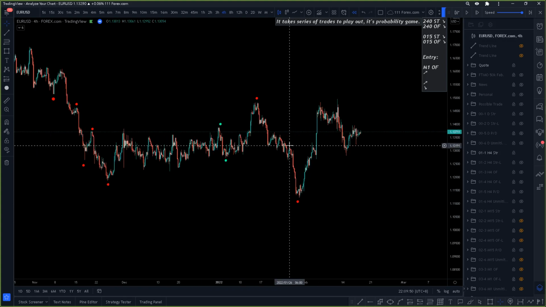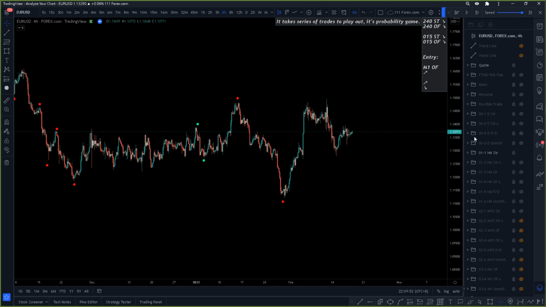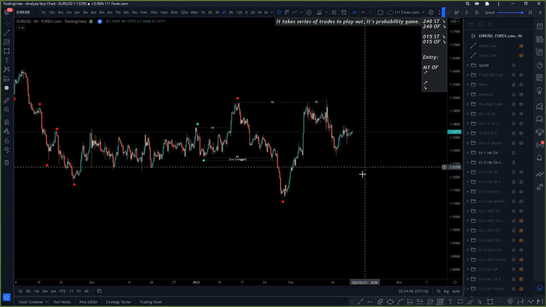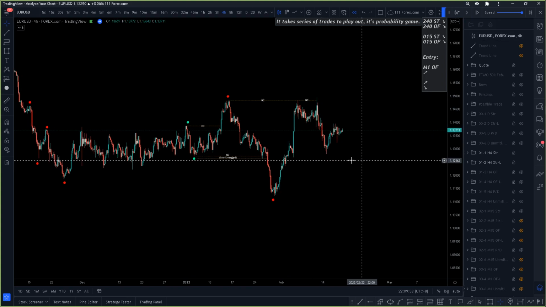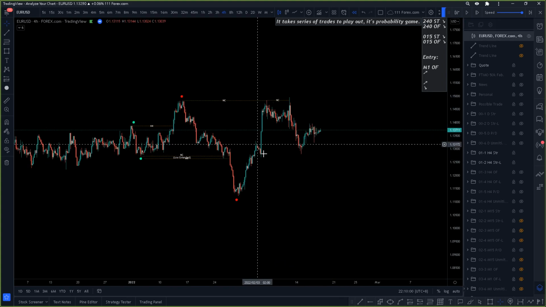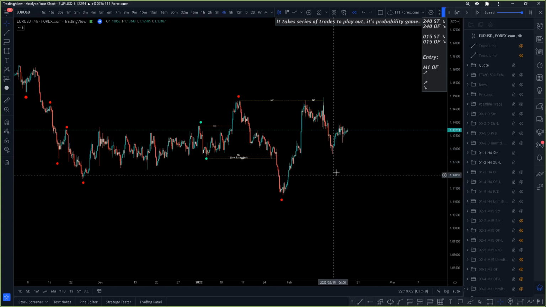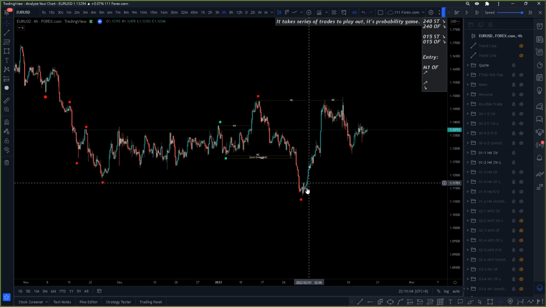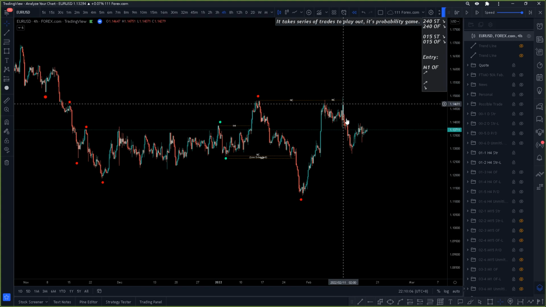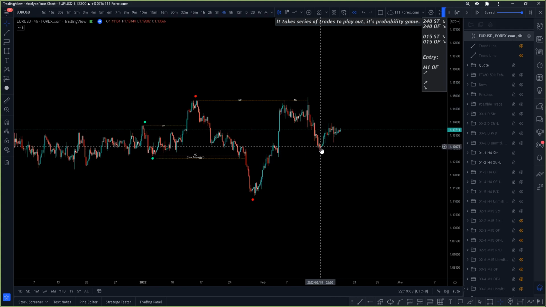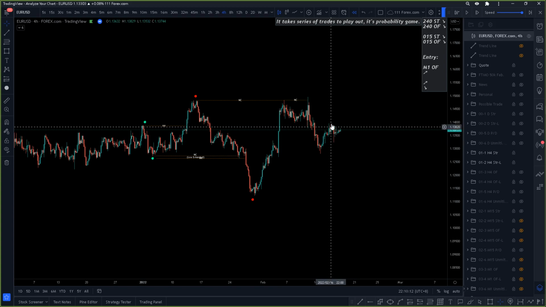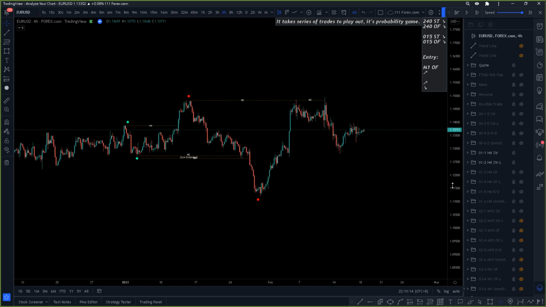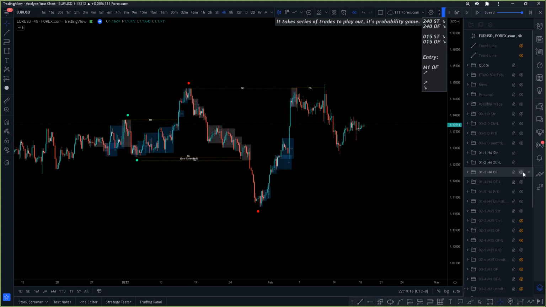So H4 took out its liquidity and tapped, and now it's tapped into this. This area is the daily change of character, and when it hit that, it started to perform some pullback. That is the logic.